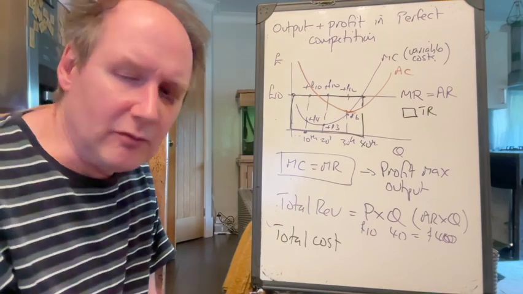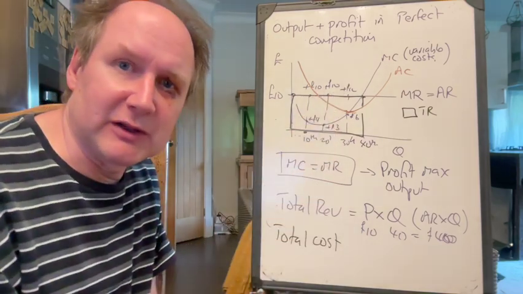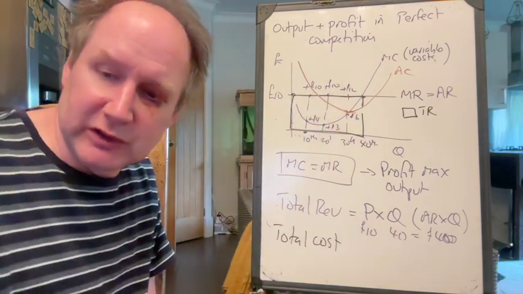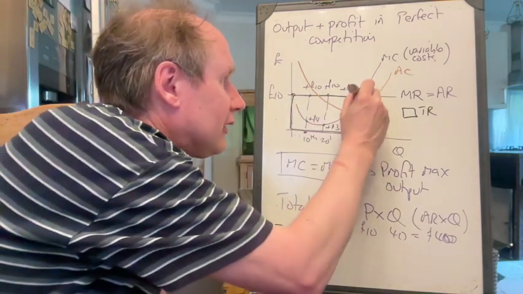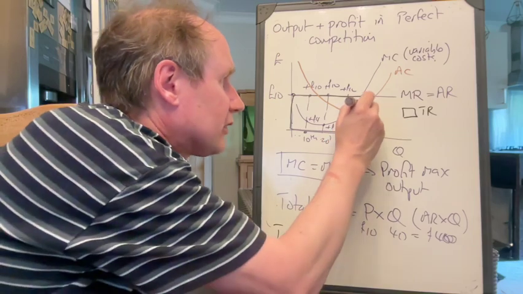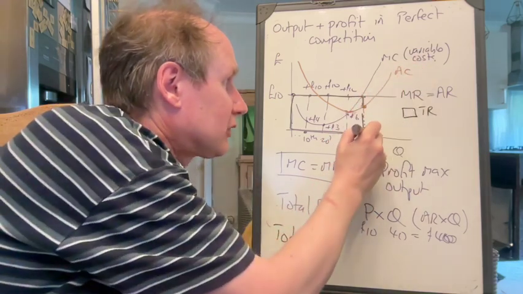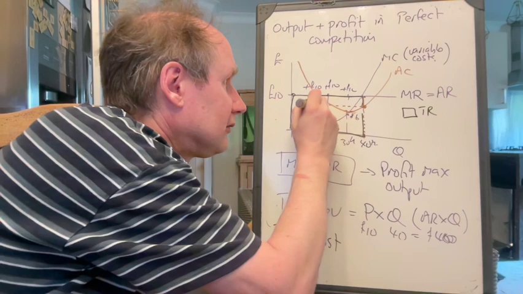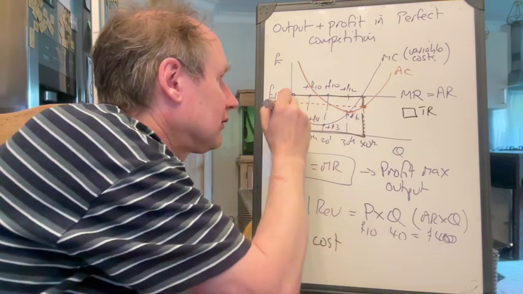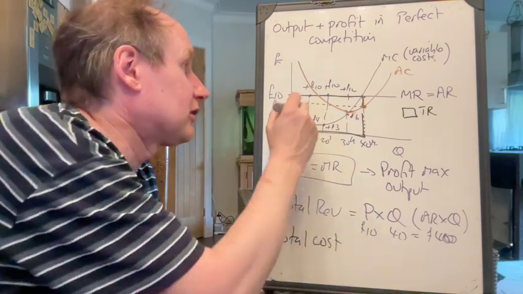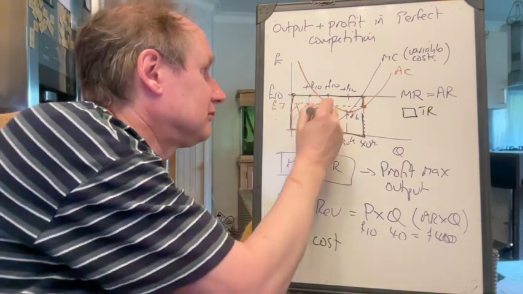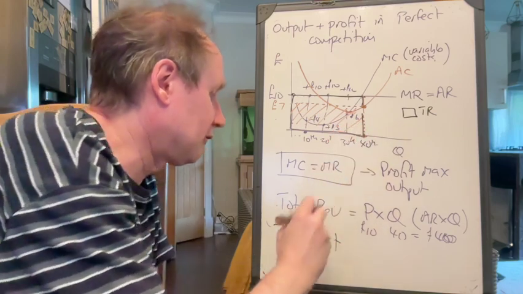So if we're at the profit maximizing output of 40 units, the price that they charge is £10. What's the average cost of making 40 units? It's, say, 7 quid. So the firm's total costs are 7 times 40.